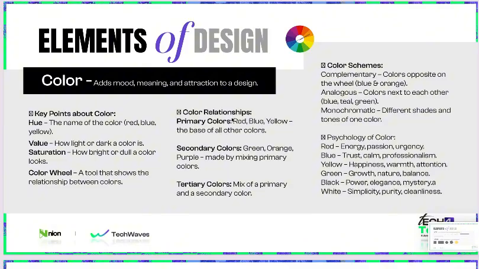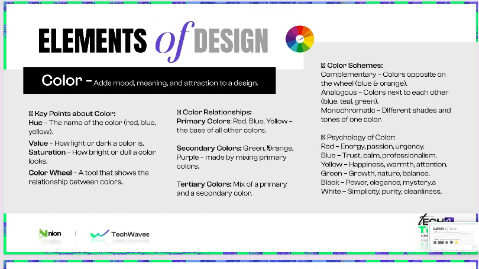Now we have secondary colors: green, orange, and purple. These are colors we get by mixing any two of these three primary colors, not all three.